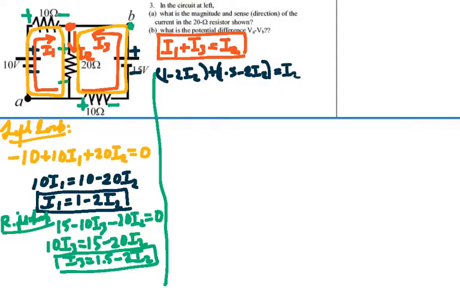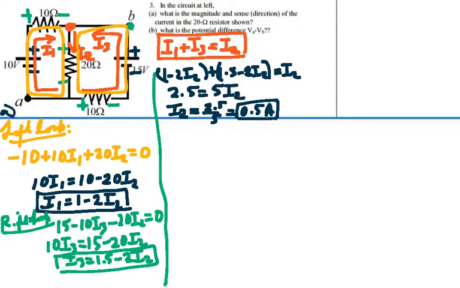Solve this for I2, put the two I2s on the other side, so I have 2.5 is equal to 5 I2, or I2 is equal to 2.5 divided by 5, which is 0.5 amps. So that is the current in the 20 ohm resistor, 0.5 amps.